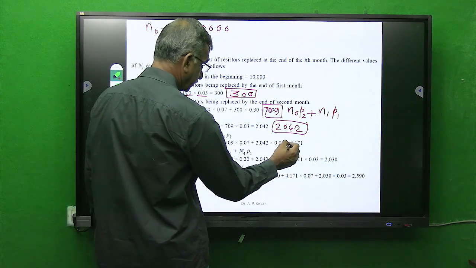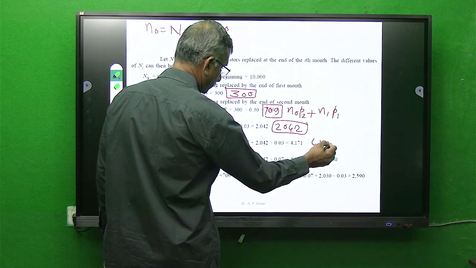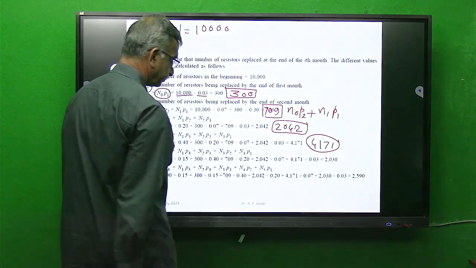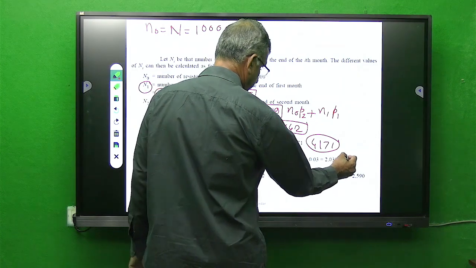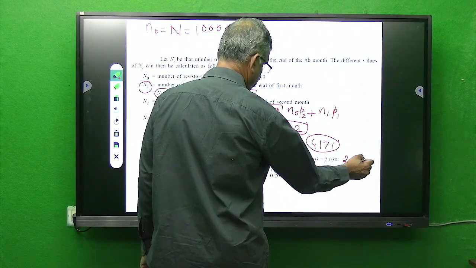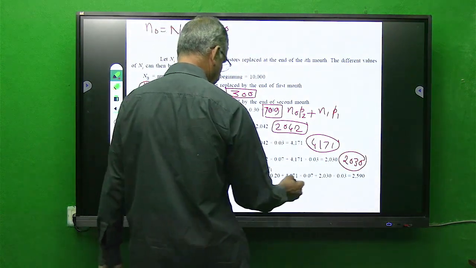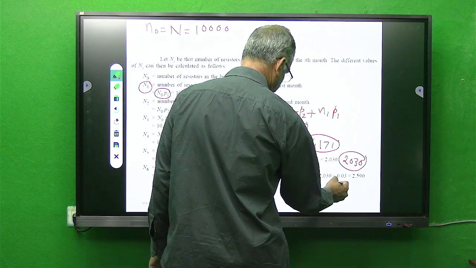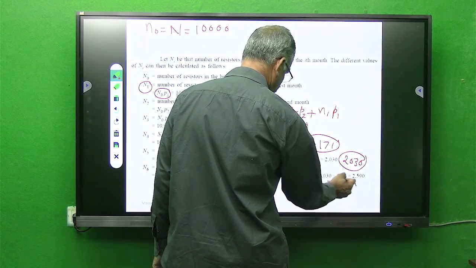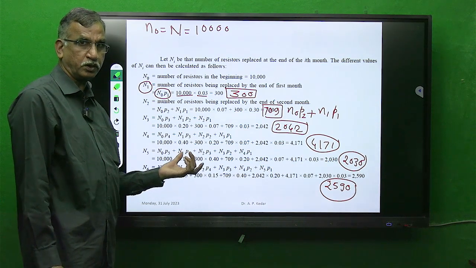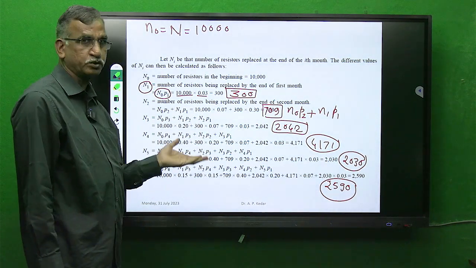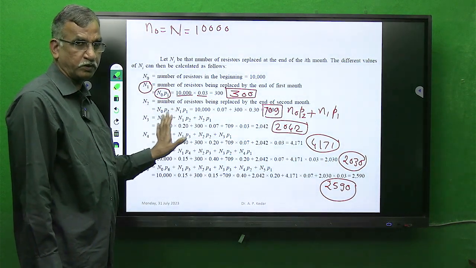N4 is coming 4171. Then N5 is coming 2030 and N6 is coming 2590. So students, you can see on your screen that I have already solved these equations.